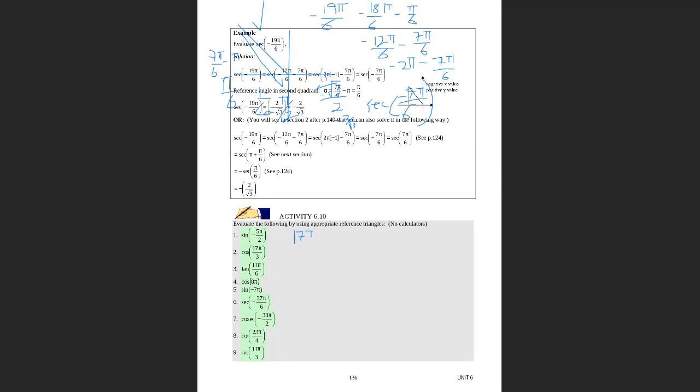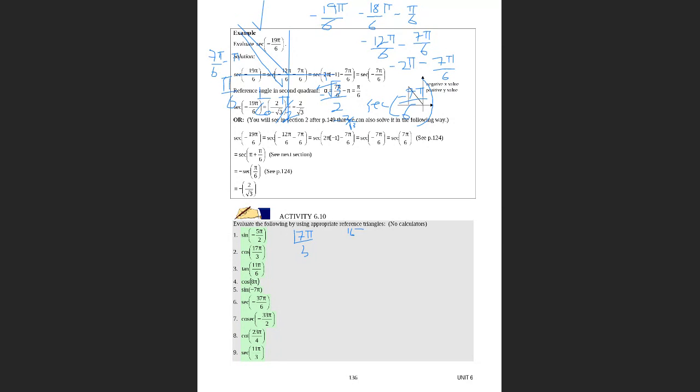So we should be able to write this in a form of a special angle and an integer multiple of 2 pi. So can we write this as, let's say, if I say 16 pi over 3, you can use trial and error.